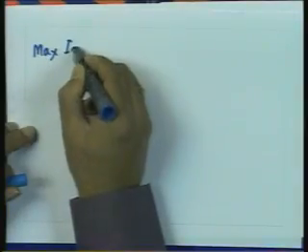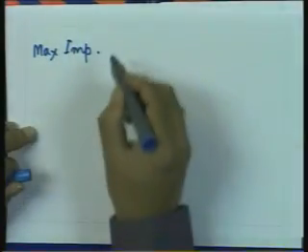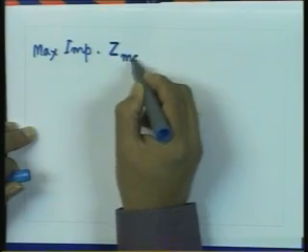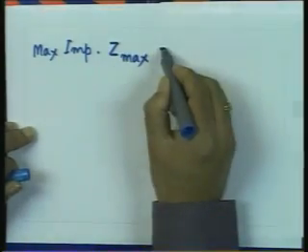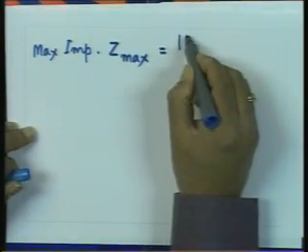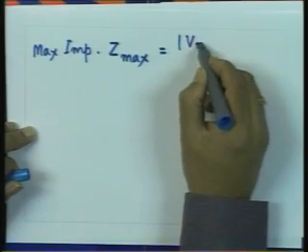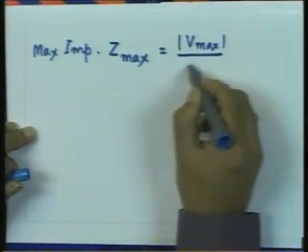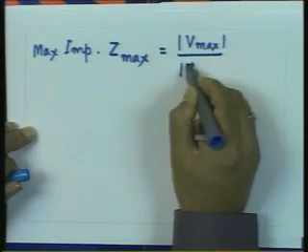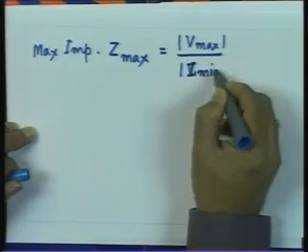So, we can get the maximum impedance which one can see on the transmission line, and let us call that as Z max. This is nothing but V maximum divided by I minimum.